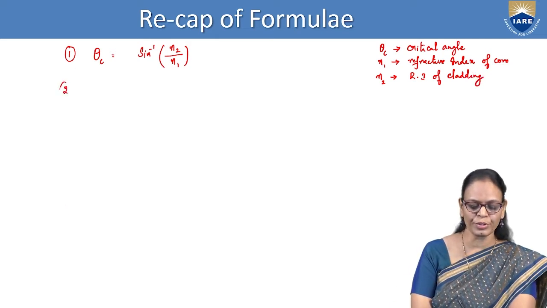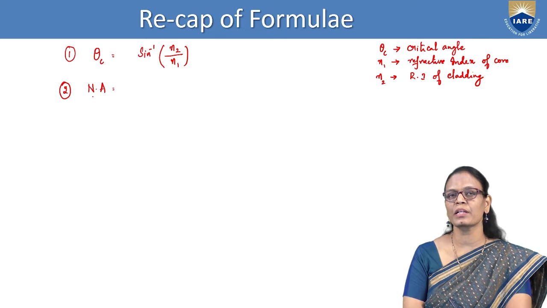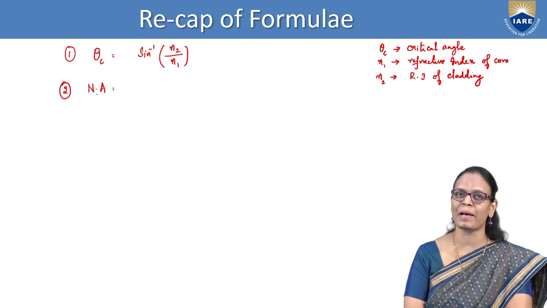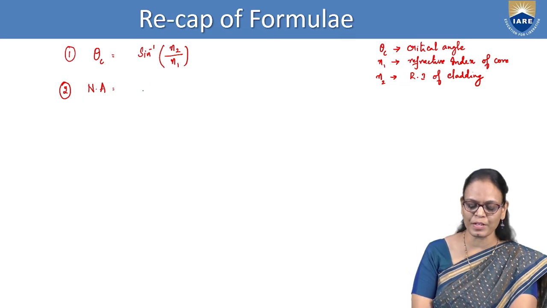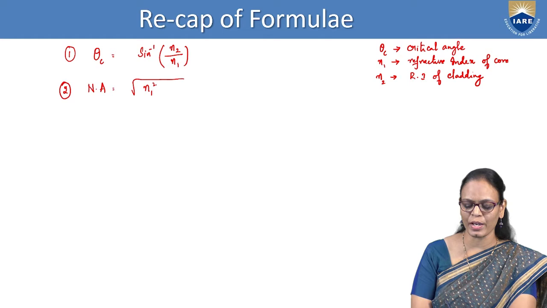Next comes the numerical aperture. Numerical aperture gives us the light gathering capacity of the optical fiber. So numerical aperture is given by under root n1 square minus n2 square.